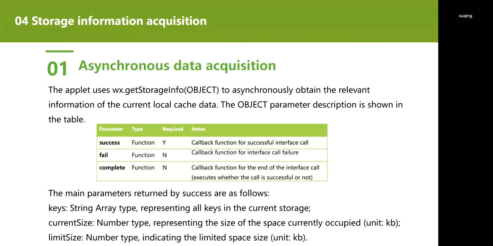Success is the callback function for successful interface call. Fail is the callback function for interface call failure, and complete is the callback function for the end of the interface call, and it executes whether the call is successful or not.